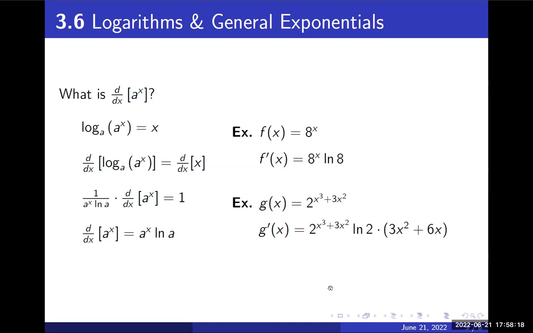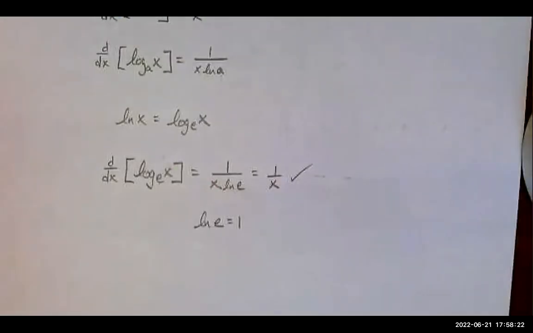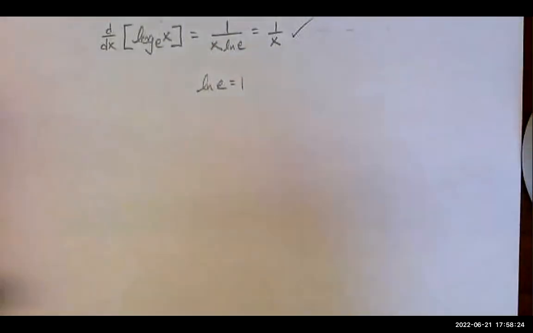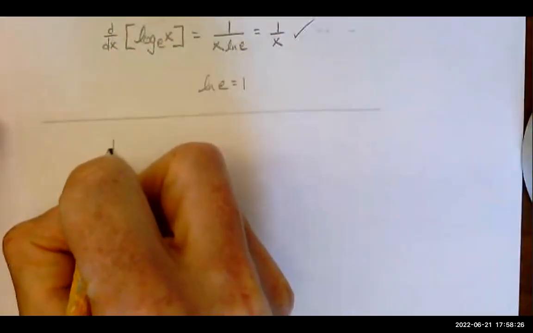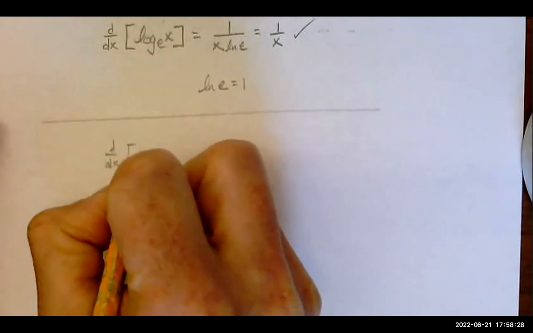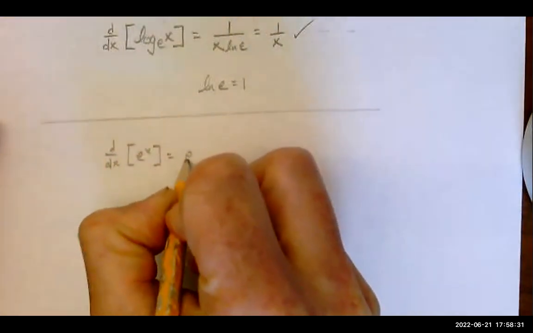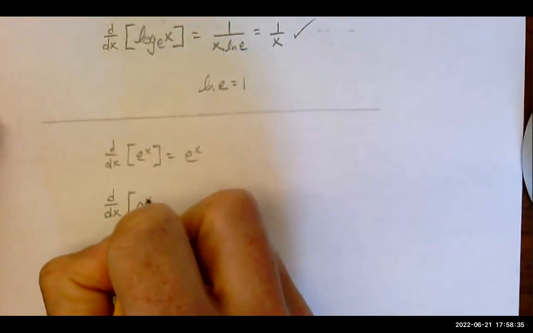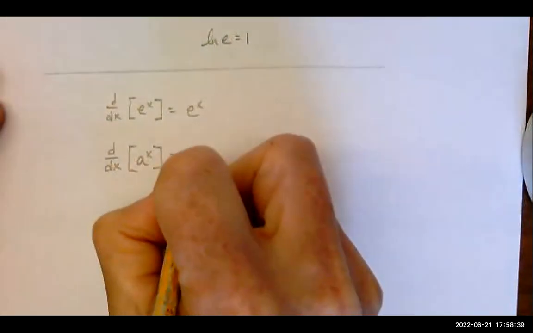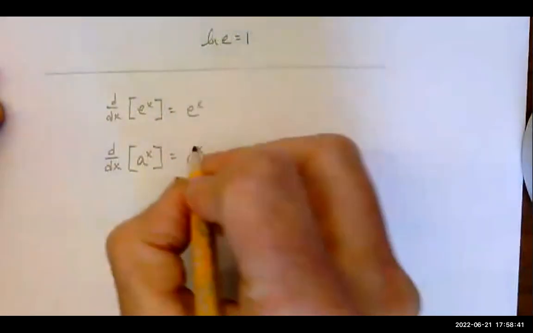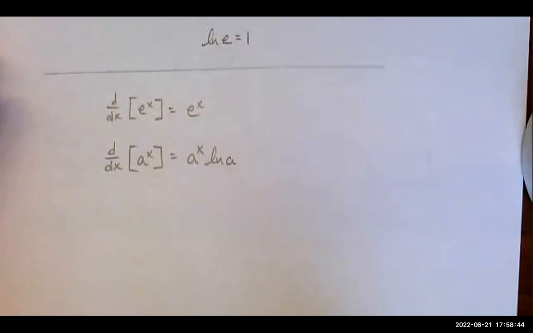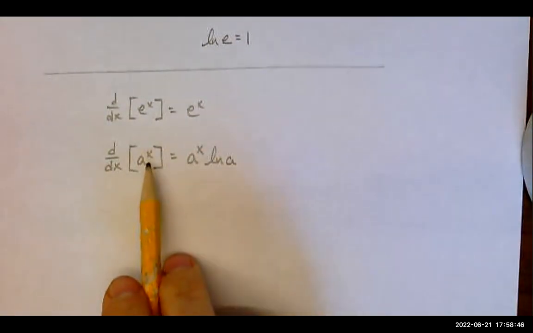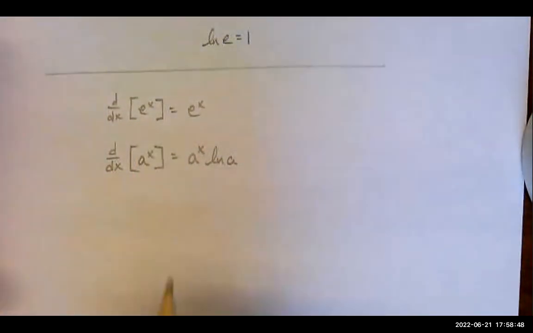Okay, let's go back to my paper really fast. So we now know the derivative for e to the x is e to the x, and we just learned the derivative for any number, including e, is a to the x times the natural log of a. Hey, would this formula still work for e to the x?